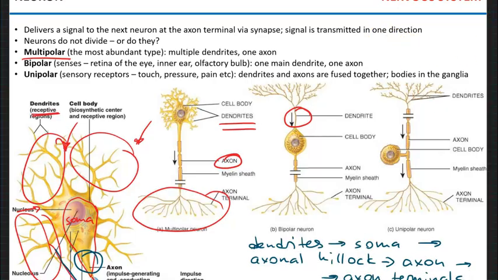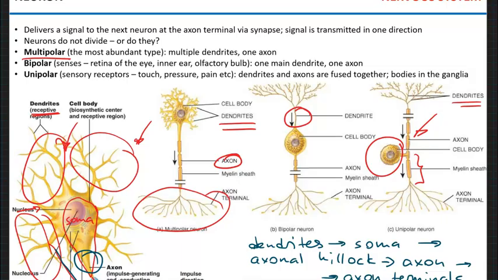And finally, this is a unipolar neuron. You can see that the cell body is on the side, and the dendrite and the axon are basically fused together, so the body is kind of not in the way. Make sense? You do not need to know which neurons are more abundant where.